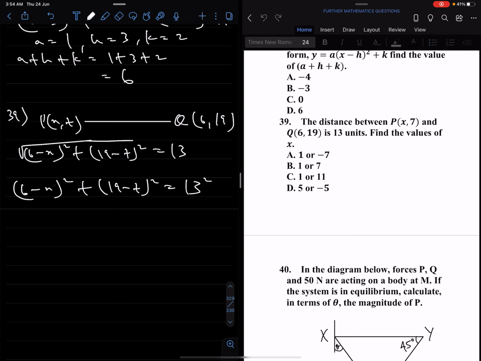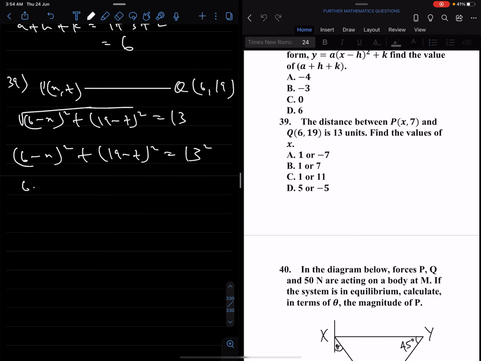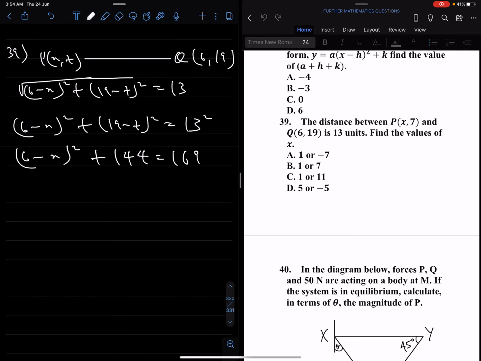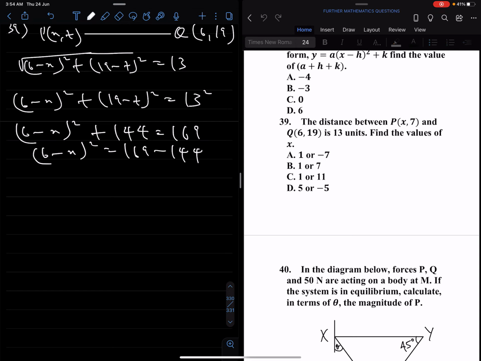Let me write that first. And that simply means (6 minus x) squared plus 19 minus 7 is 12, 12 squared is 144, equals 169. And that simply means (6 minus x) squared equals 169 minus 144, which means (6 minus x) squared equals 25.